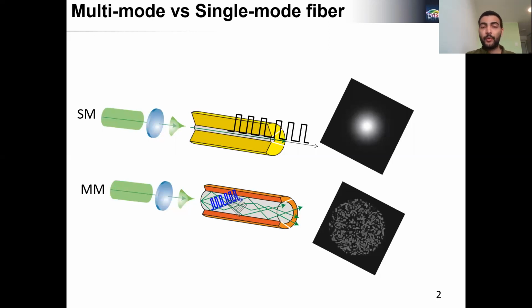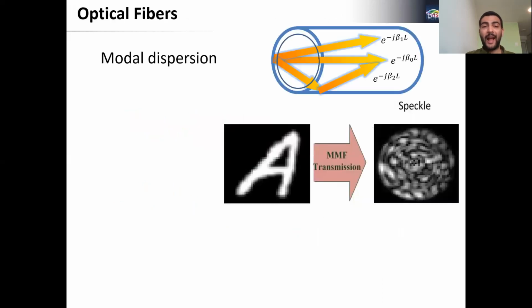And this is as opposed to the second type of fibers that we have, which we call the multimode fibers, in which, as the name suggests, a lot of modes could be simultaneously sent through the fiber, and then you can have this massive set of information being sent to the fiber at the same time, which gives you a large throughput, basically.